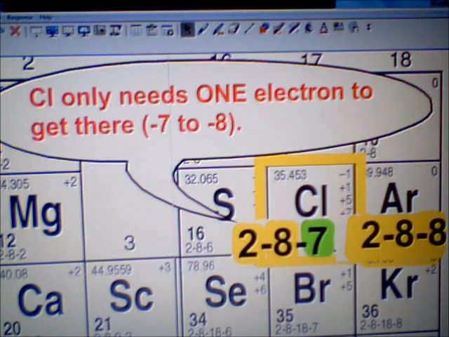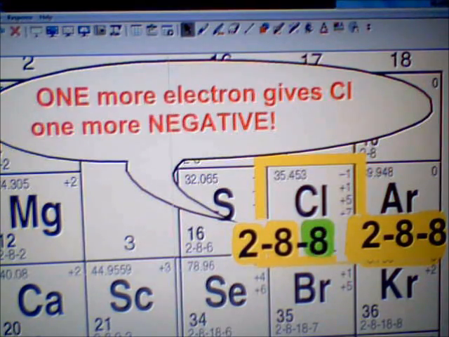So in order to get the nearest noble gas electron configuration, chlorine only needs one electron to be added to its structure. One more electron means one more negative.